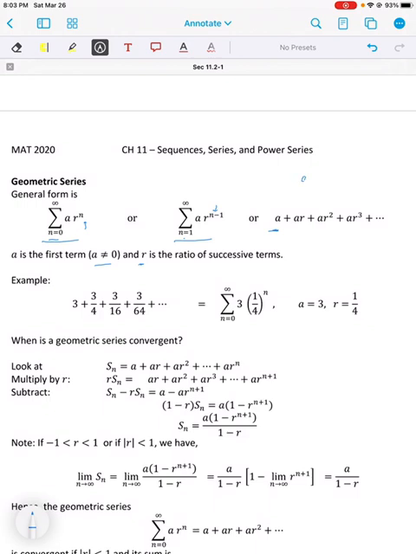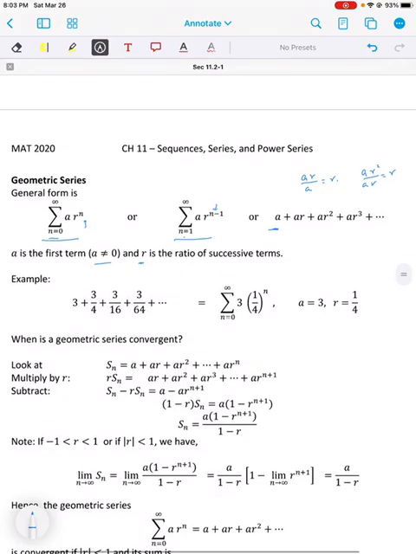So if you take the second term and divide it by the first term, you get r. If you take the third term, which is ar squared, and divide it by the second term, you get r, and so on. So if you take the (n+1)th term and divide it by the nth term, you will see that you end up getting r. So r is called the ratio.